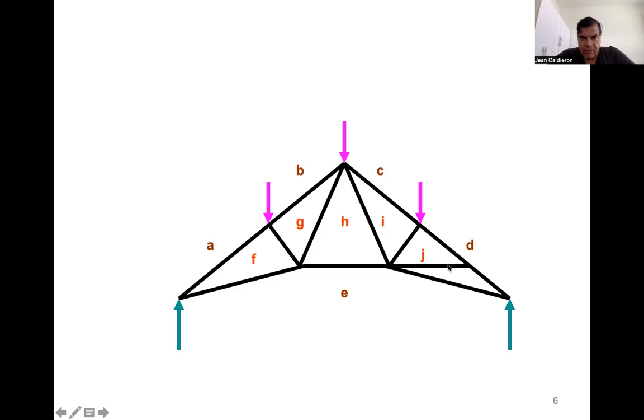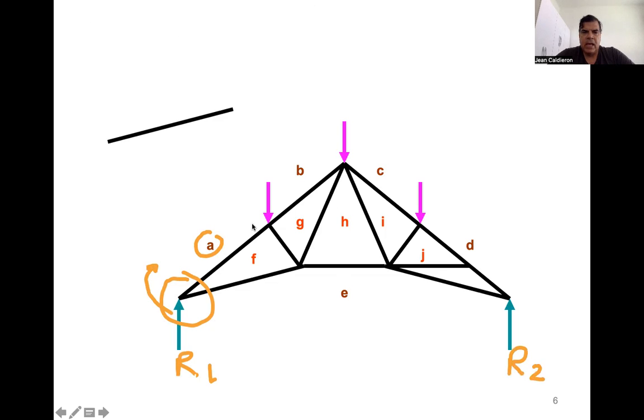Sorry, this truss has a member that is different from the others, but it's okay. For the moment, let's just imagine that we are only doing the bow notation. What we'll do is go to the left corner of this truss, and immediately above the reaction at the corner, we'll write the letter A. The letter A is the space between reaction 1, because this is reaction 2 normally, and this particular force.